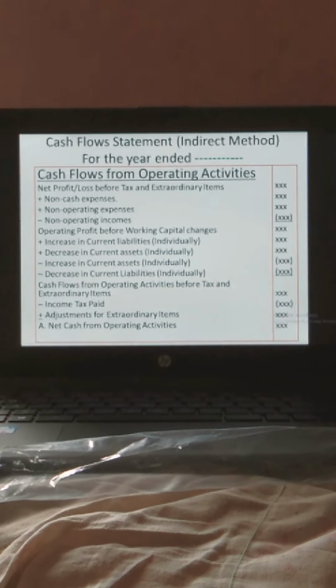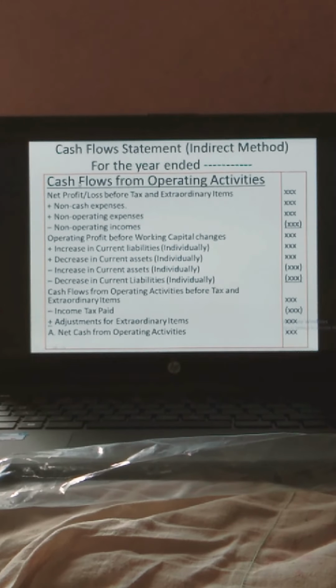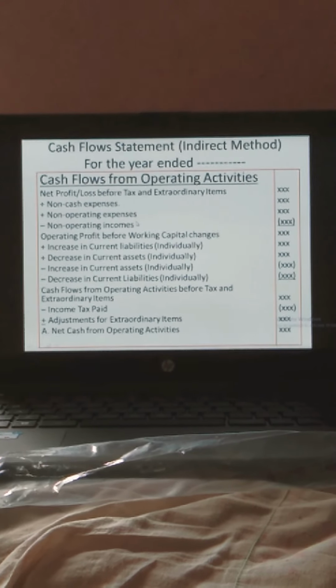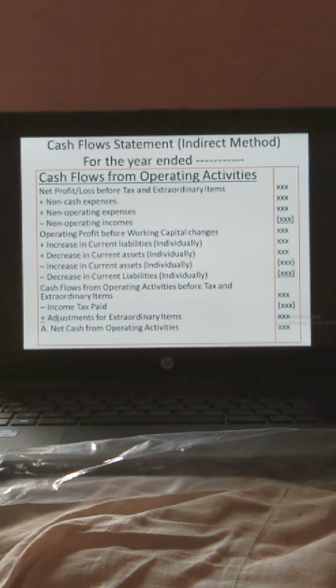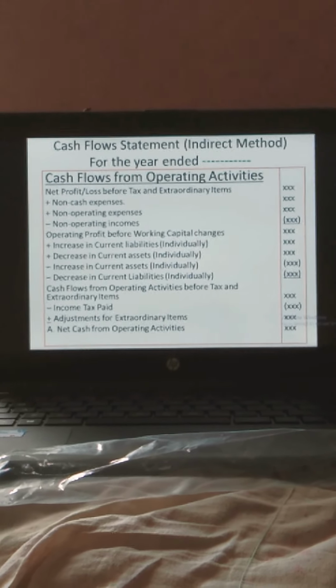Then under the indirect method also, as I have already told you, cash from investing activity as well as cash from financing activity are the same as the direct method, because for them there is no direct and indirect method. There is only one method.